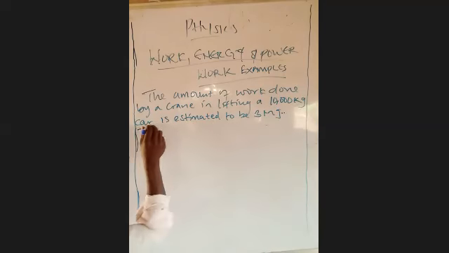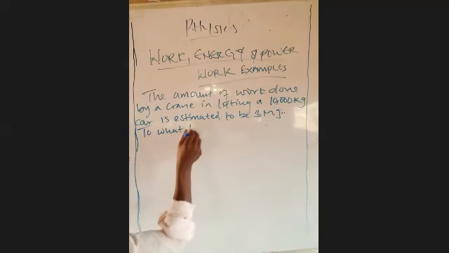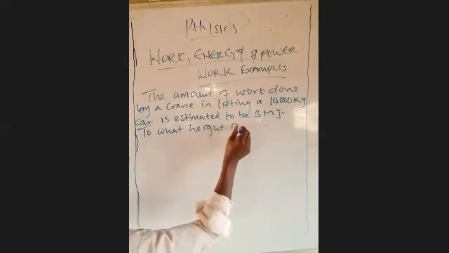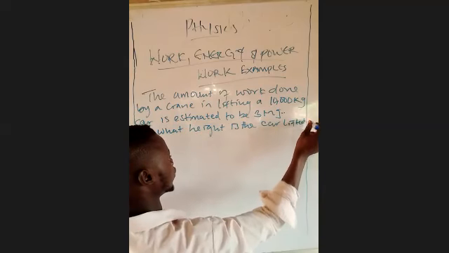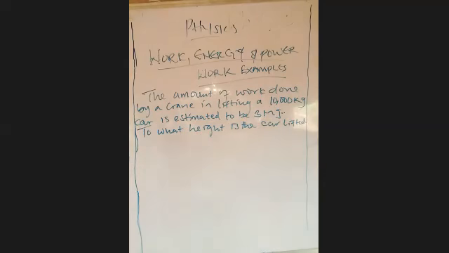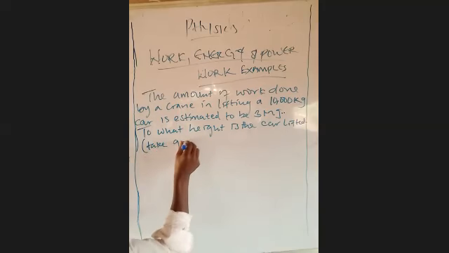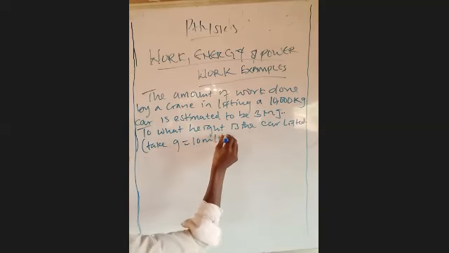To what height is the car lifted? That is the question we were dealing with in our previous class that we couldn't finish. We have to look into it again and solve it before moving to other questions. So we take g equal to 10 meters per second square.